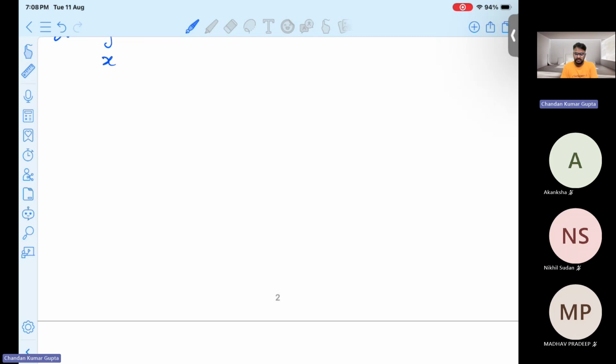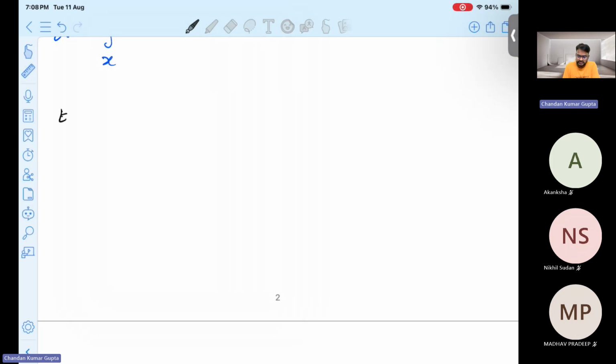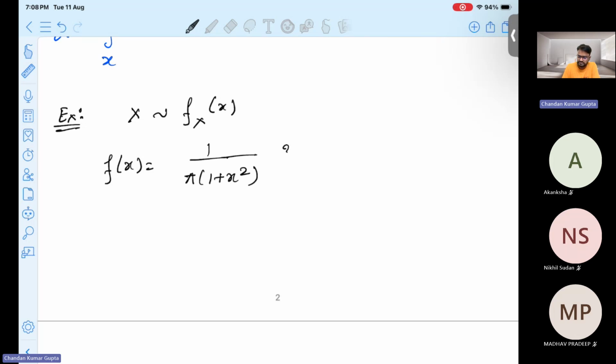Let me give you one example here. Suppose we are given a random variable which follows a distribution f_X such that f_X(x) is 1 upon pi times (1 plus x squared), for x belonging to the real numbers. Suppose this is a PDF, and the random variable X is there.